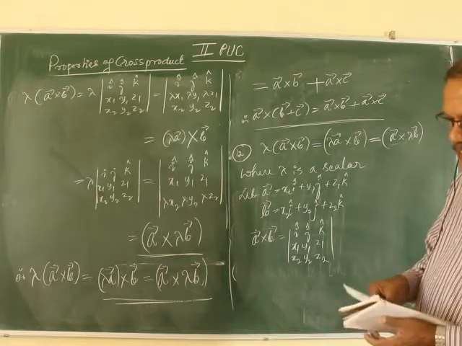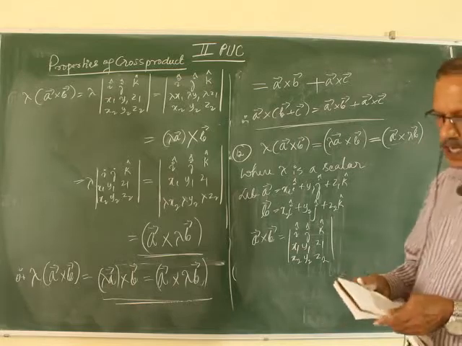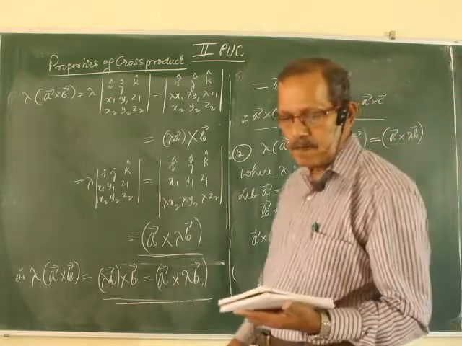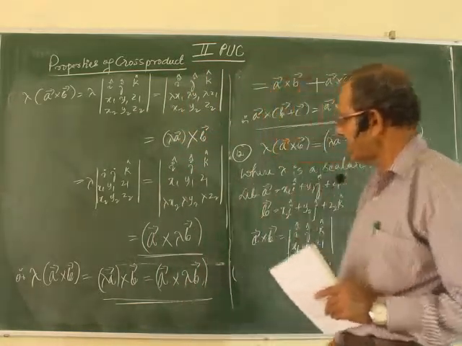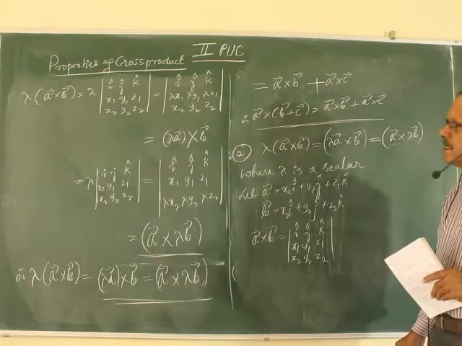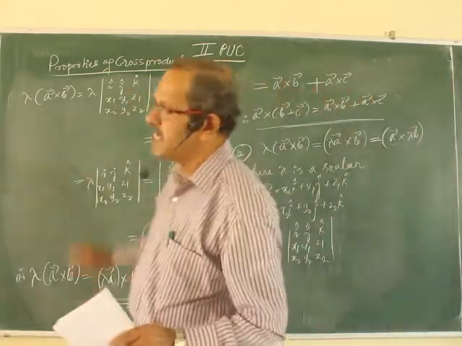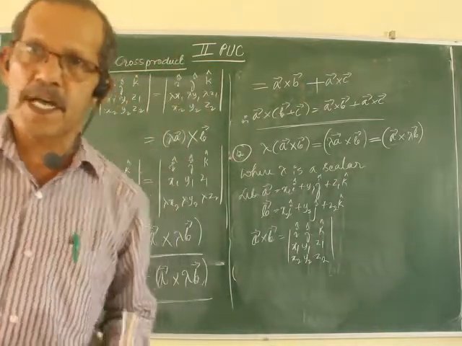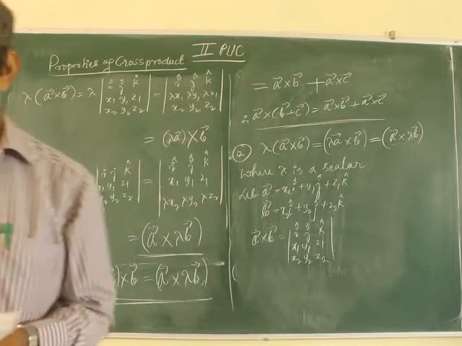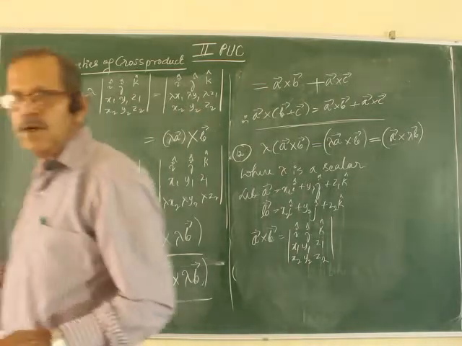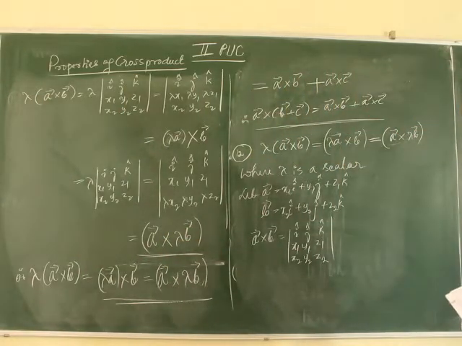Now let us try to solve the problems one by one given in the exercise, worked example, miscellaneous exercise, all. You may have to use any one of the properties listed here. 12 properties I have given here. No need of proof for certain properties because they are very trivial.